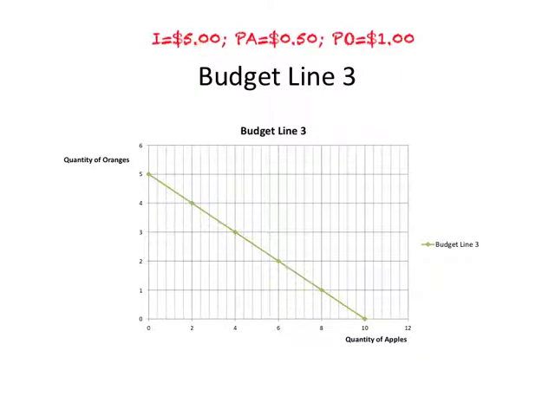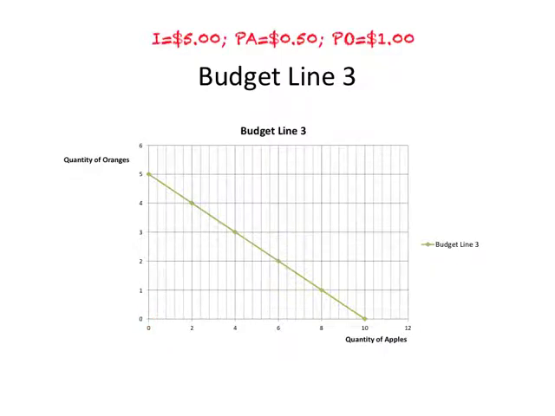The income is $5 and the price of an orange is $1. Based on this, we wrote down consumption choices, and we know the maximum number of apples this person can buy is 10 units when this person decides to buy no oranges.